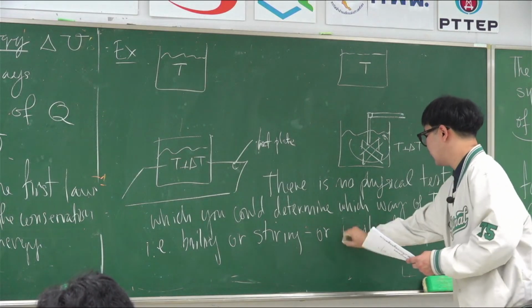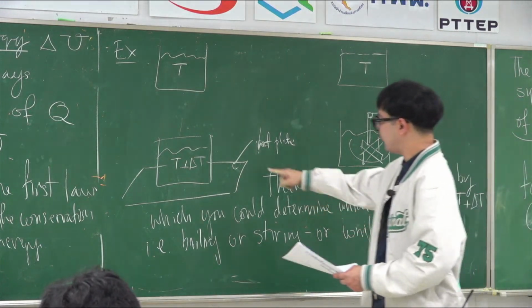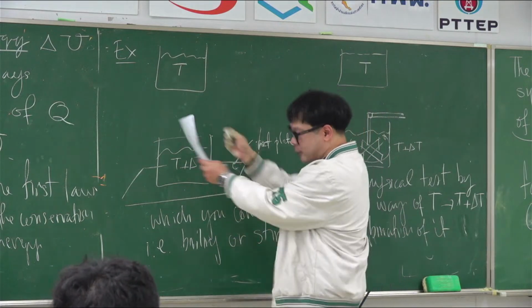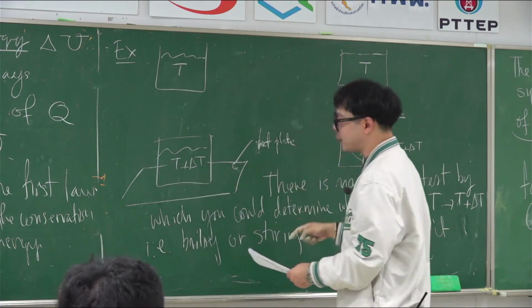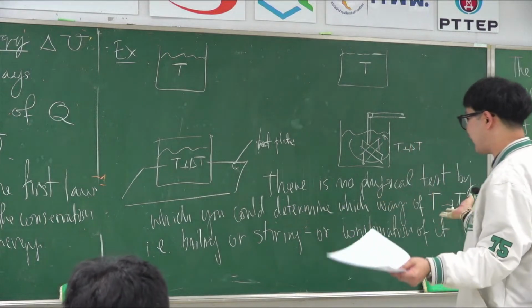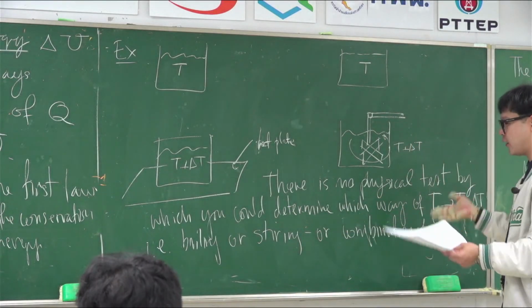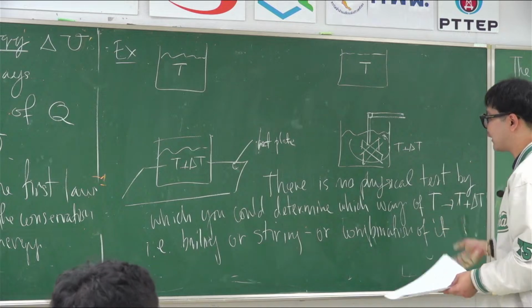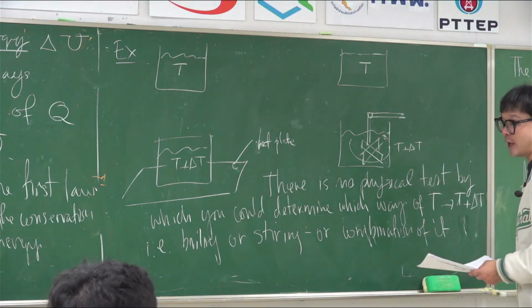You can put it on a hot plate and then you can stir it. This is the combination, and when it reaches this stage, you cannot say which technique you used to increase the temperature.